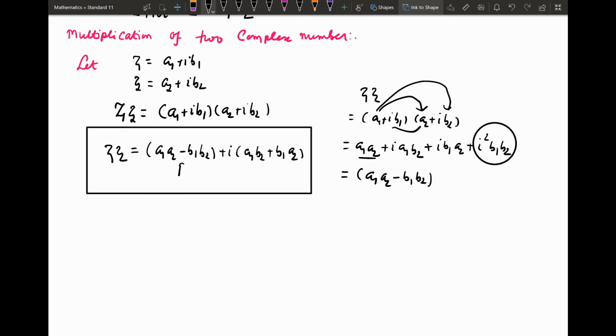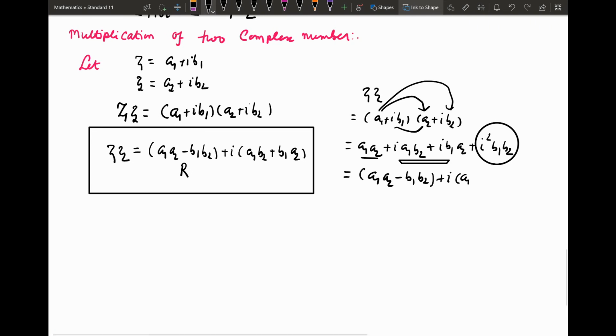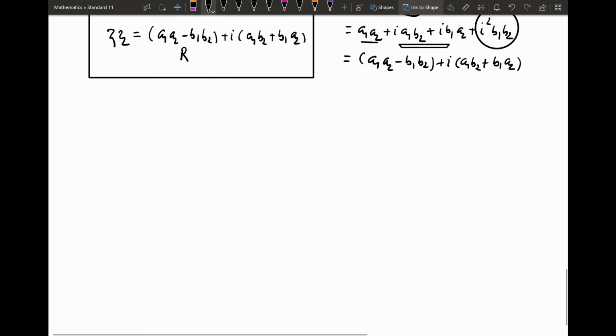Here, taking I common, we get I into bracket A1 B2 plus B1 A2. So this we have defined as multiplication or product of two complex numbers.